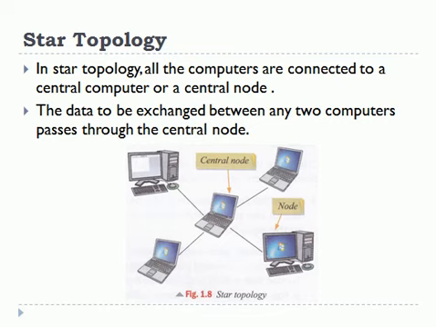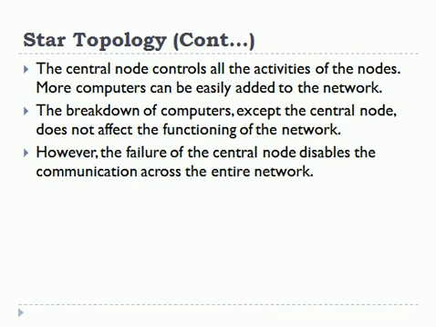So if we have to send data between two nodes residing on opposite ends, we have to transmit the data through the central node only, because it forms a structure like a star. Each and every data exchange from one node to another has to pass through the central node. The central node controls all the activities of the nodes.